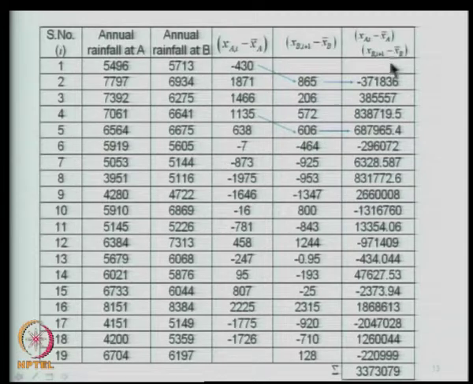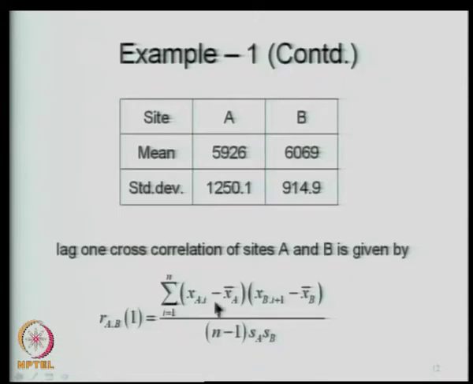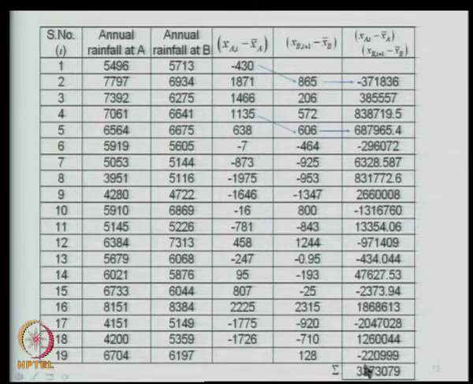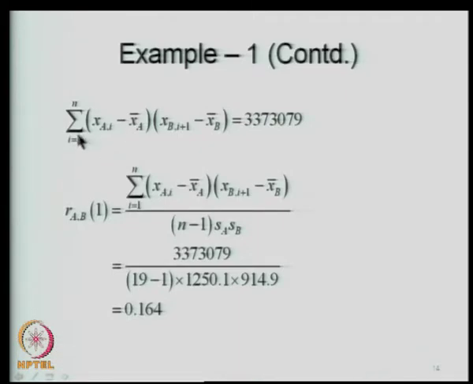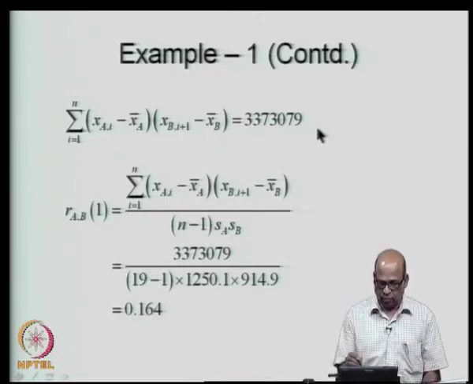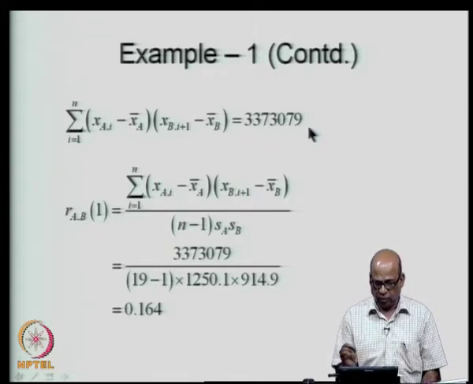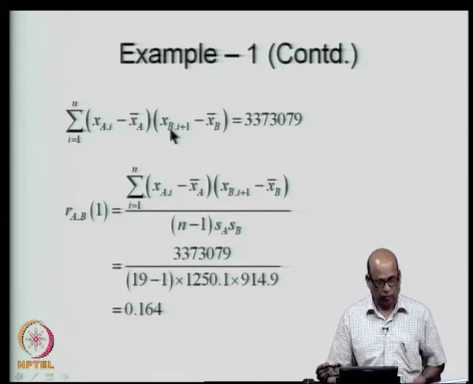Like this we compute this term now, and then we sum it and get the sum of all these values, and that is what gives you this term now. This summation is what we sum along this, and that we use. So, this sum comes out to be this number 3373079, that is the sum of this.